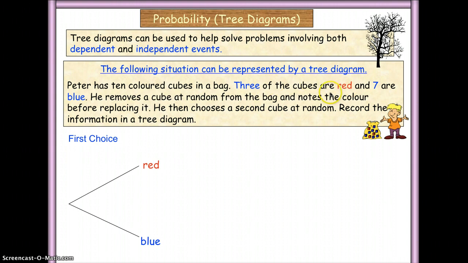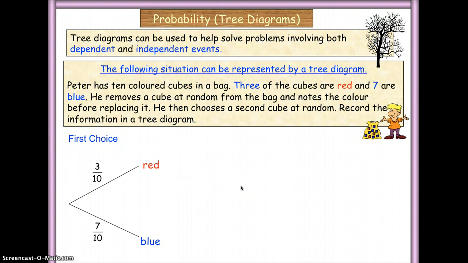So there are 3 reds and then the total is 10. So the probability of getting a red is 3 over 10. And then for the blue, there are 7 blue cubes out of 10, so the probability is 7 out of 10. Now this is just the first choice. So this is the first branch of the tree.